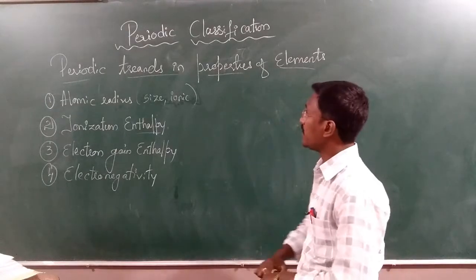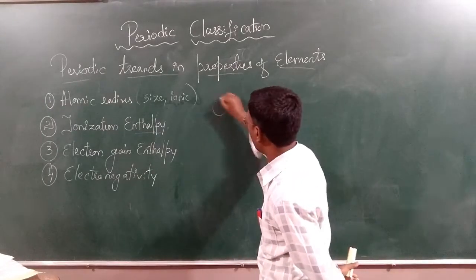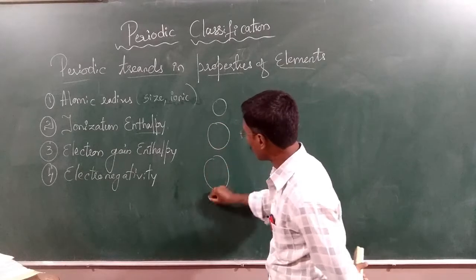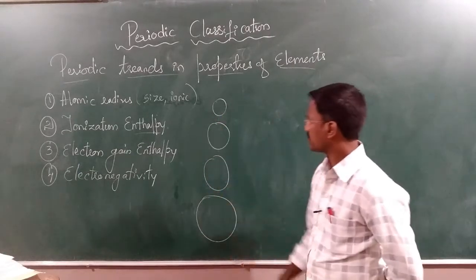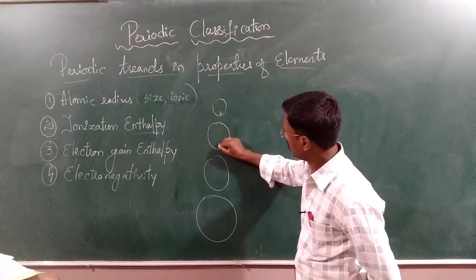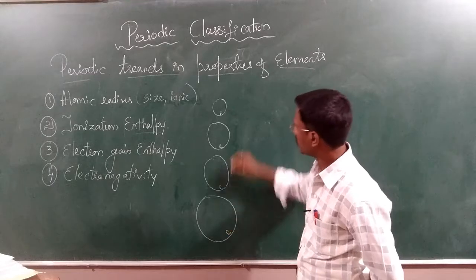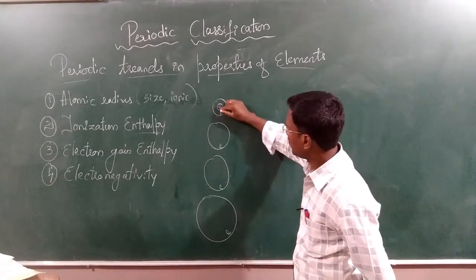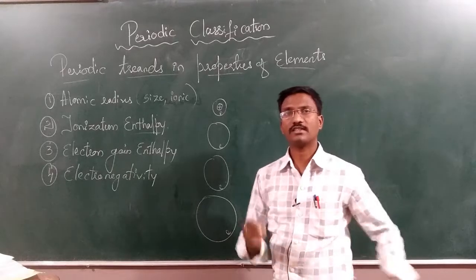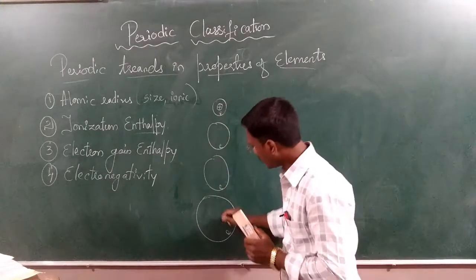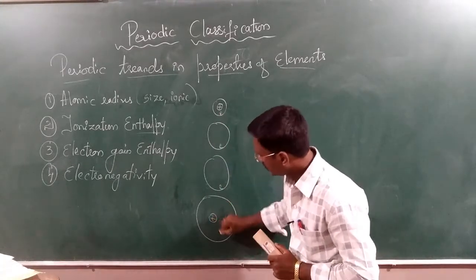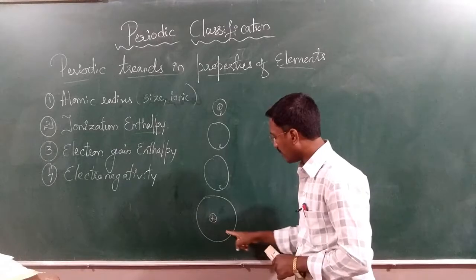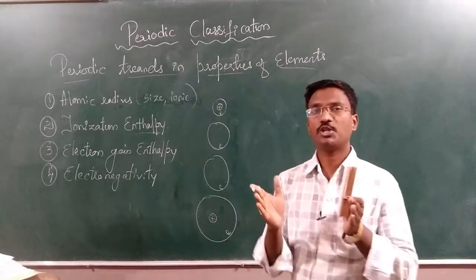And how does the ionization enthalpy vary? Look here, same thing: the atomic size increases down the group. Can you see here, this is the center of the nucleus, a positive charge, and it has an electron, because atomic size is very small. Here atomic size is larger. It means the distance between the center of the nucleus and the outermost electron is much greater.